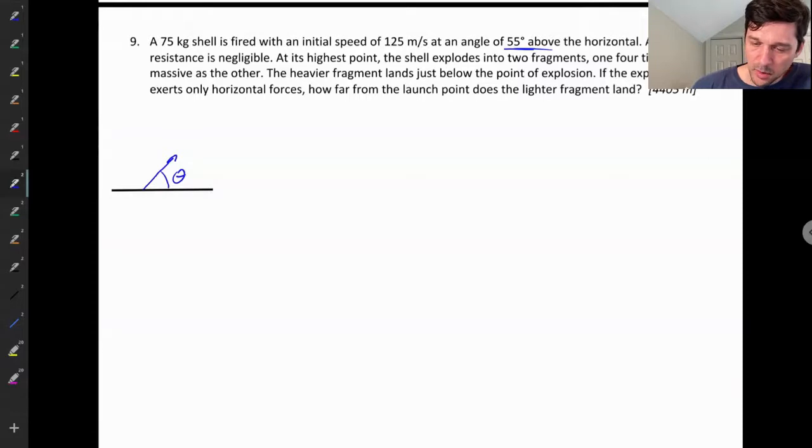At its highest point, the shell explodes into 2 fragments. So it's going to, as projectiles do, follow this arcing path, except at this point right there, at the high point, it explodes into 2 fragments, one 4 times as massive as the other. The heavier fragment lands just below the point of explosion.